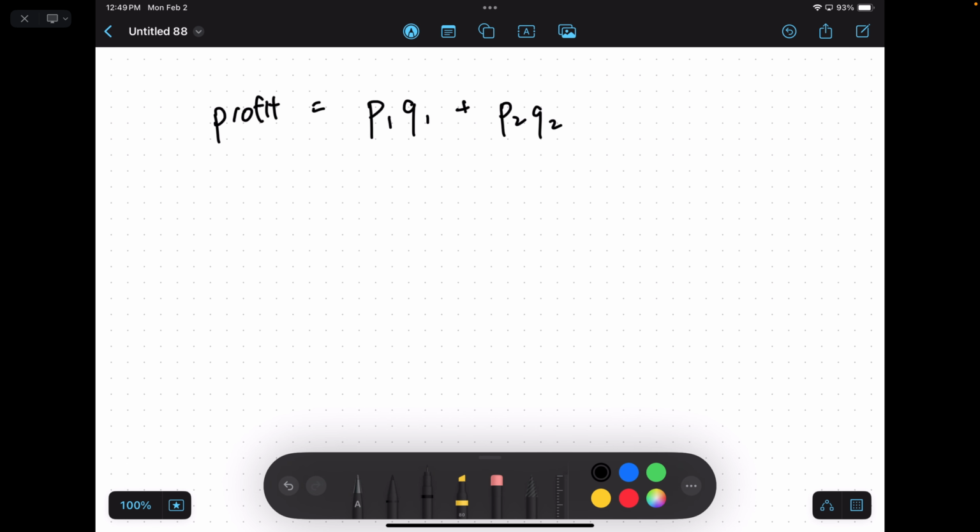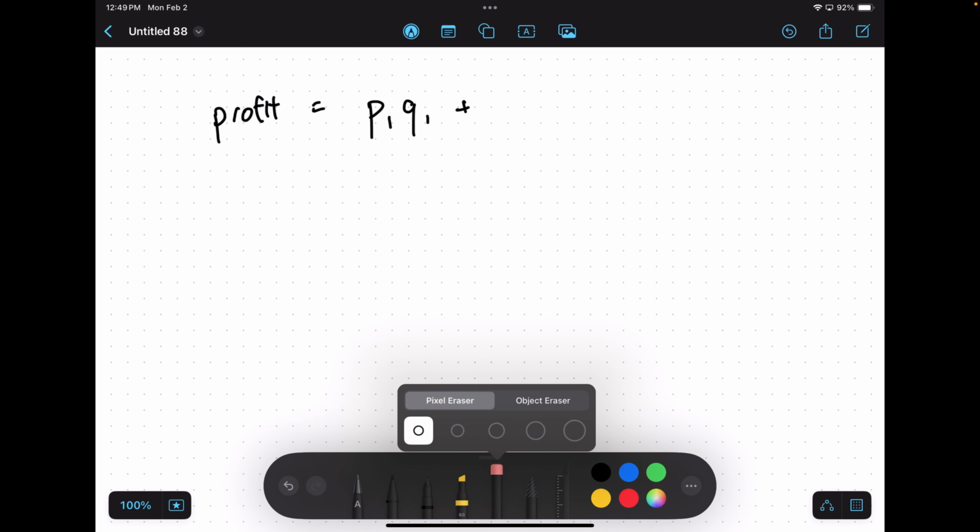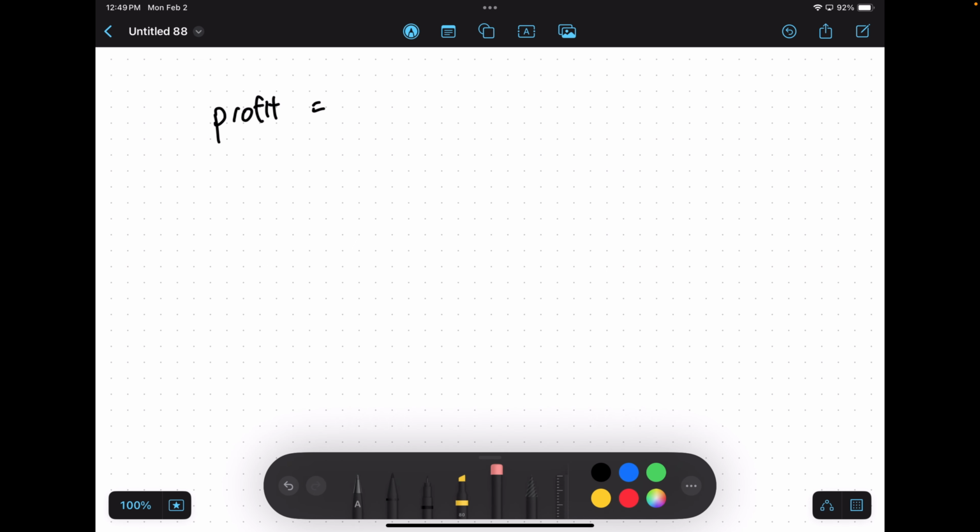There we go. Actually, let me do it this way. We'll say Q1 times P1 minus the cost of producing, which for the cookie was 25 cents, so 0.25, plus Q2 times P2 minus 0.1.